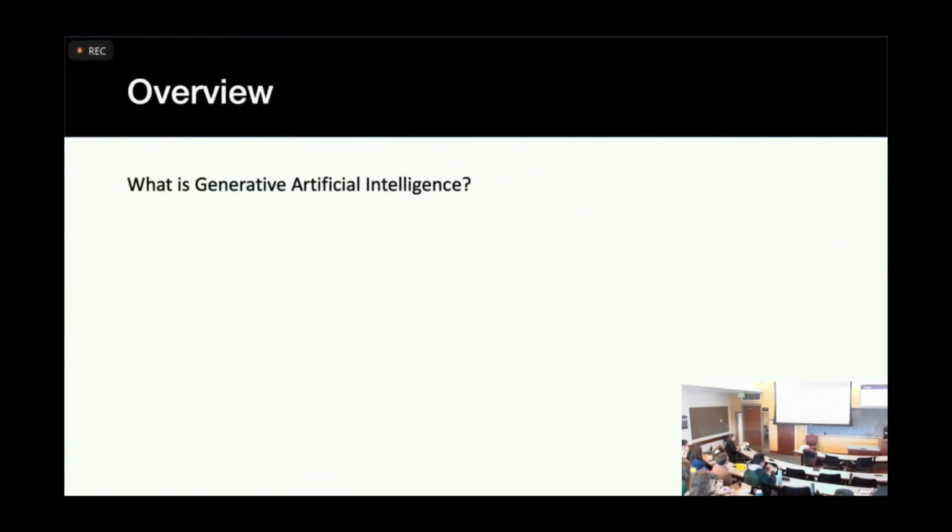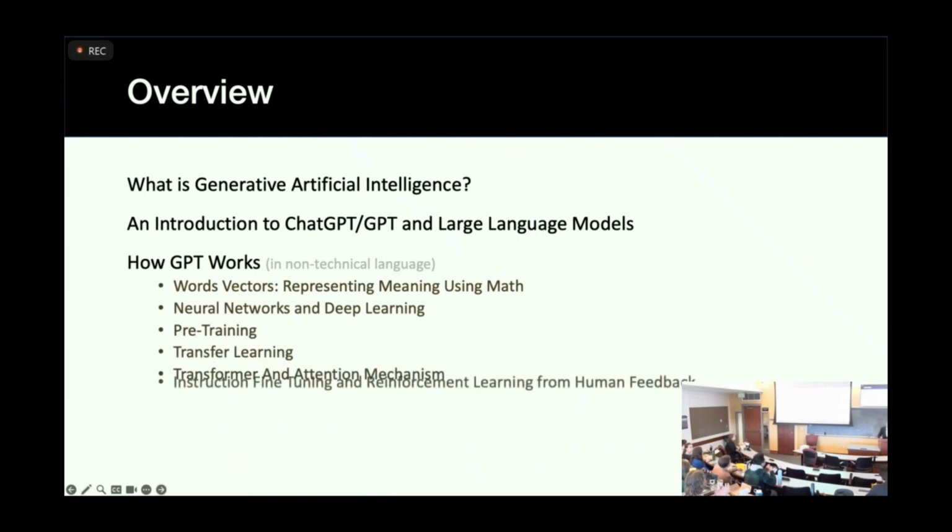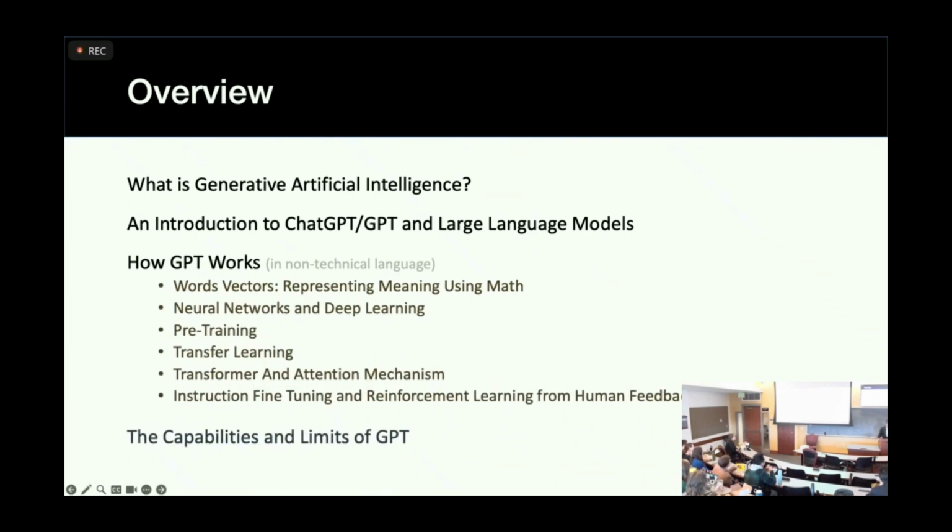What are we going to talk about today? So today we've got a lot to cover. We'll talk about what is generative artificial intelligence. We'll do an introduction to ChatGPT and large language models. Then we're going to see how GPT works.